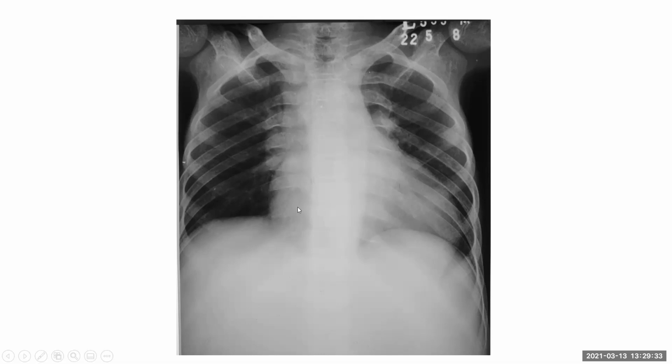This was what our teachers used to say, a rough idea. If the heart is normal in size, we should see the lung lucency equal to the width of the heart on the right side. But here on the first look, this lung lucency is very less, so the heart is enlarged.